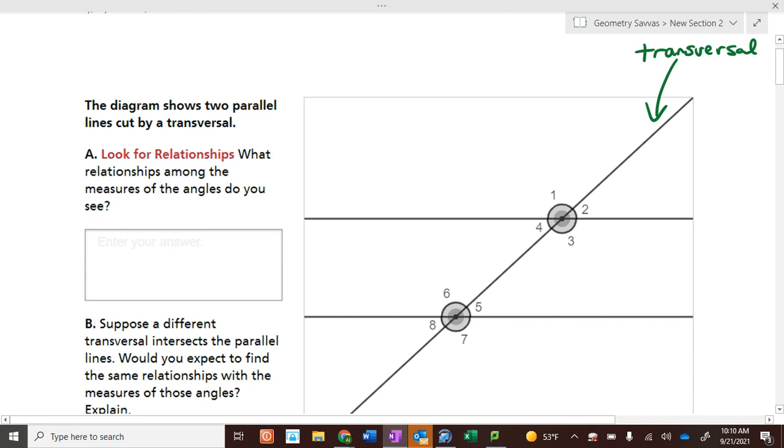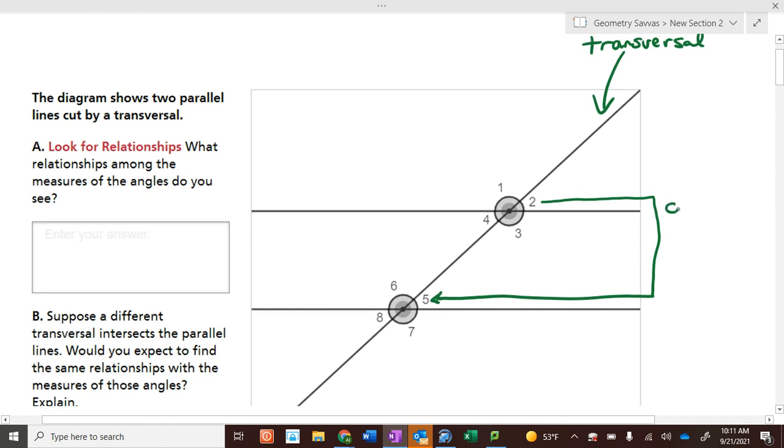Besides angle 4, what other angles does it look like angle 2 is congruent to, Micah? 5 and 8. Now, there's a relationship here. 2 and 5 have a special relationship called corresponding angles.